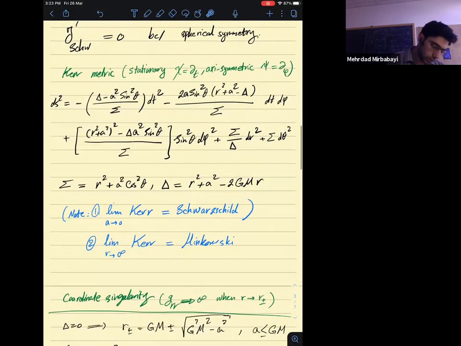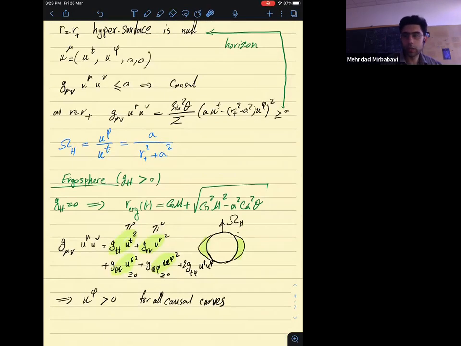What does it mean? It means that everything should co-rotate with the black hole in the ergosphere. The light cone inside the ergosphere is tilted so that nothing can have 0 phi dot. Everything should have non-zero velocity in the phi direction.